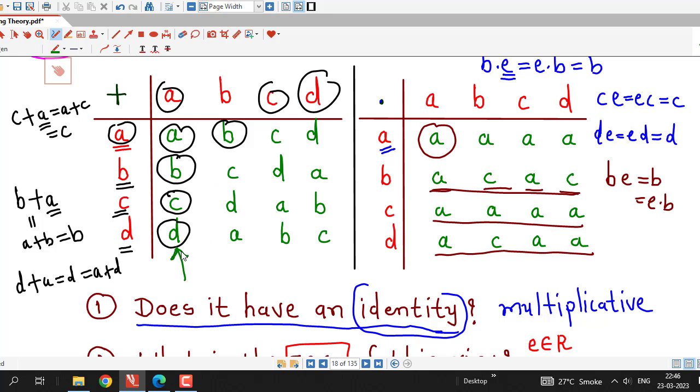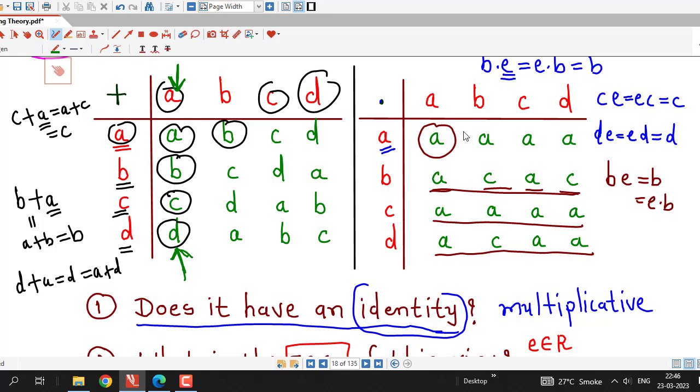The column under which these elements occur in the same order, the element which corresponds to this column is always an identity with respect to that operation. So here this column A, B, C, D appears below the element A, therefore A is the additive identity for this ring.